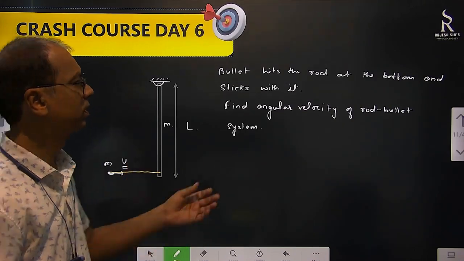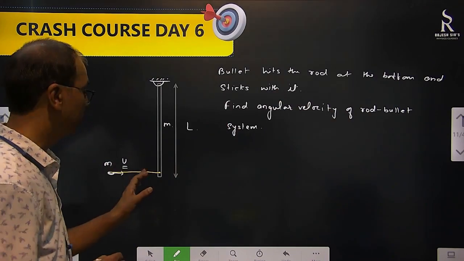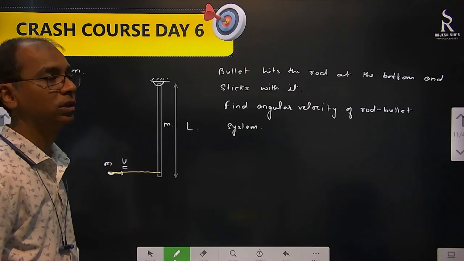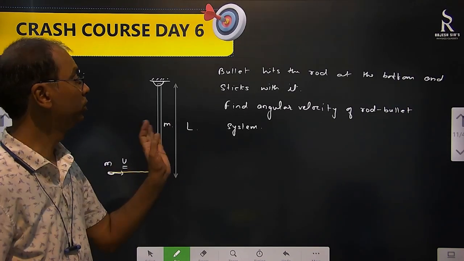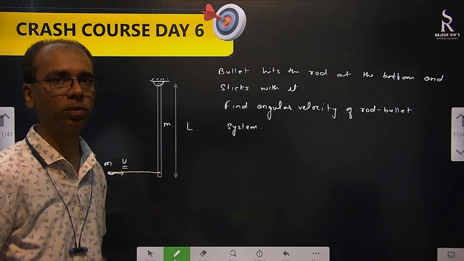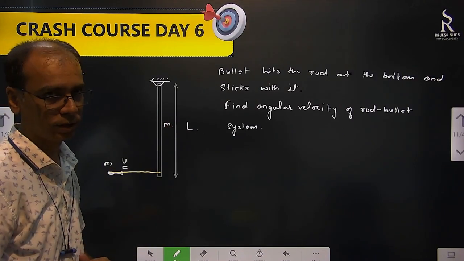In the question itself it is given the rod plus bullet system. So that means we have to consider bullet and rod both, before collision also and after collision also. It's not possible that after collision you take rod and bullet, but before I'll only talk about rod. So the system is rod plus bullet for us.